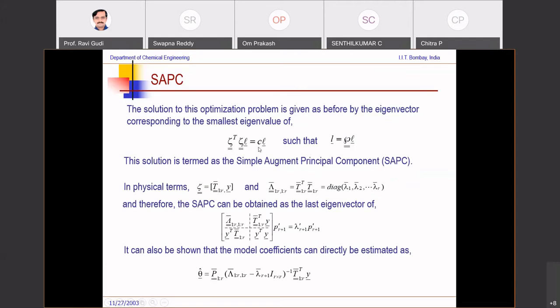This is an eigenvalue eigenvector decomposition. What is this zeta? This zeta is T, the scores augmented with Y. When I look at the smallest eigenvalue, I can get the theta. That is the simple augmented principal components.